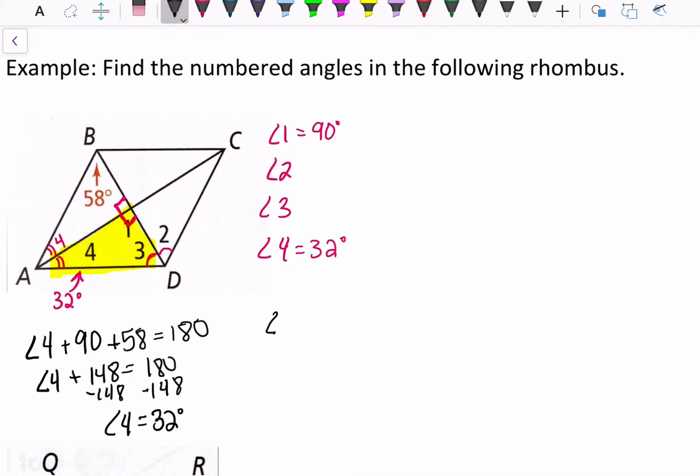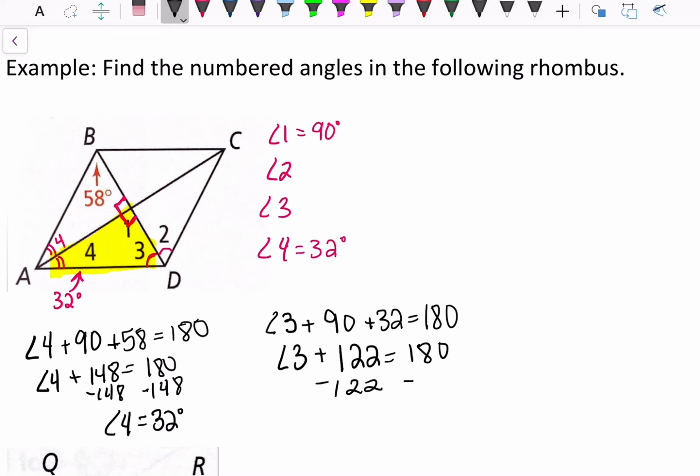So the measure of angle 3 plus 90 plus 32 degrees should be 180. There are 180 degrees in a triangle. So to find the measure of angle 3, you would add 90 and 32, which would give us 122. And subtract that from 180.